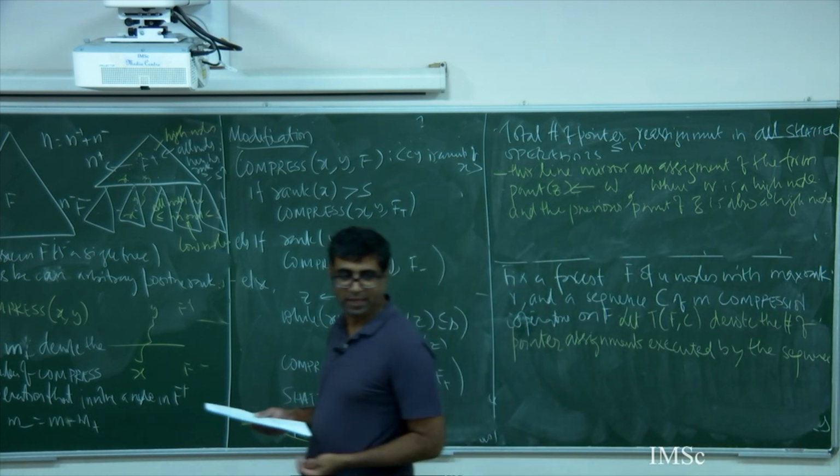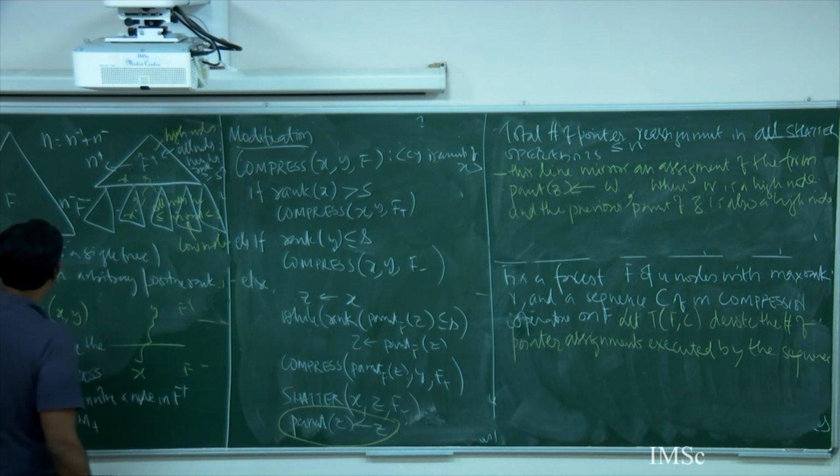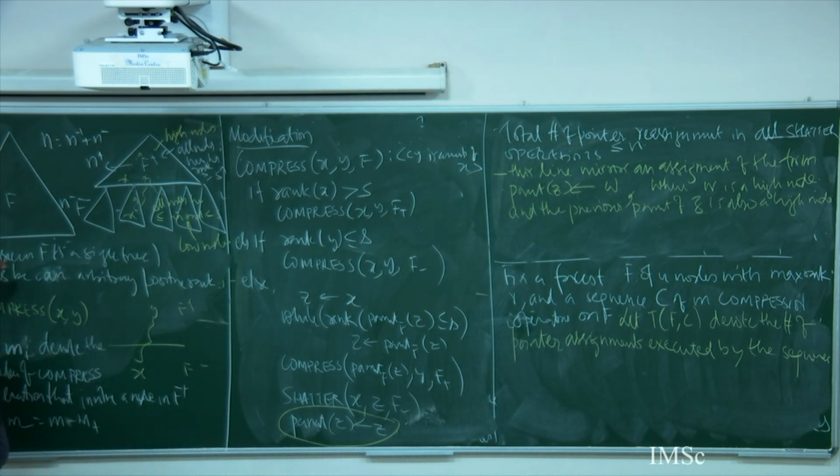Look at these kind of operations. How many of them are there? M plus of them are there. So this redundant assignment happens just after this. Only when you are doing a compression which goes from here to here, right? How many such operations are there? Upper bounded by M plus.